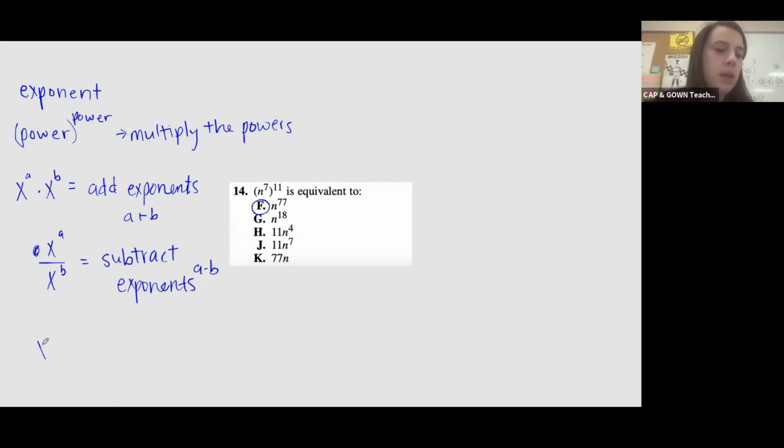Let's see. Oh, anything raised to the 0 power is always a 1. That's a fun one. I think that's it. These are some pretty good ones. Oh, and then if you have a negative exponent, it's the same thing as 1 over. It puts it in a fraction or on the bottom of the fraction.